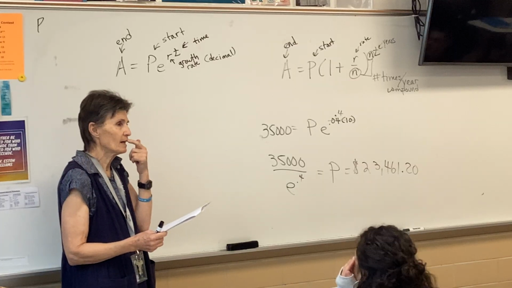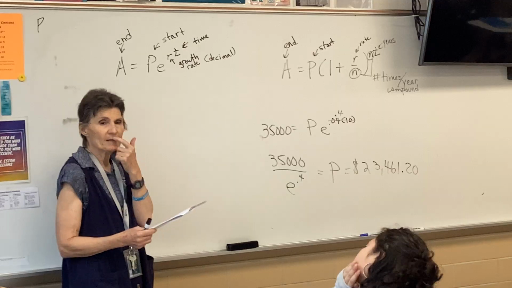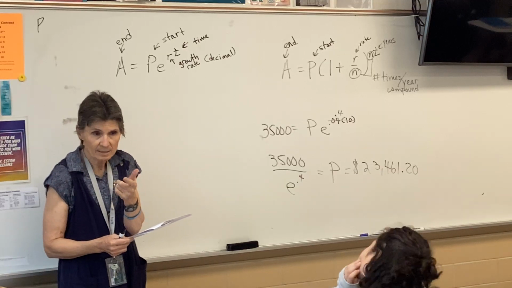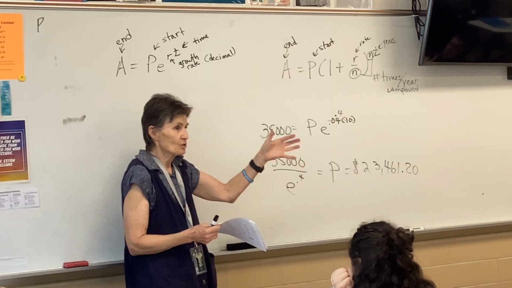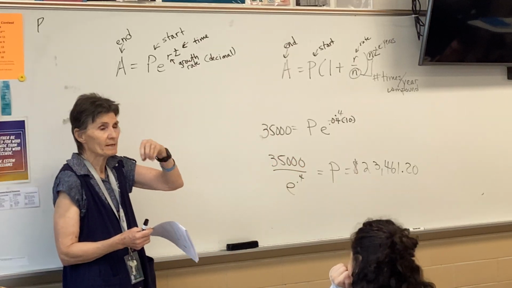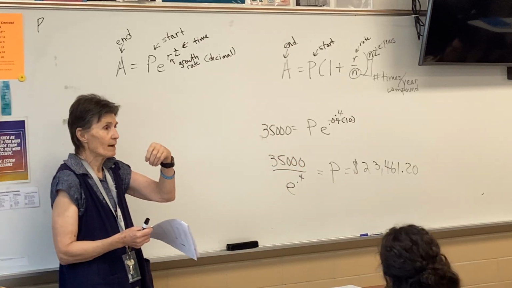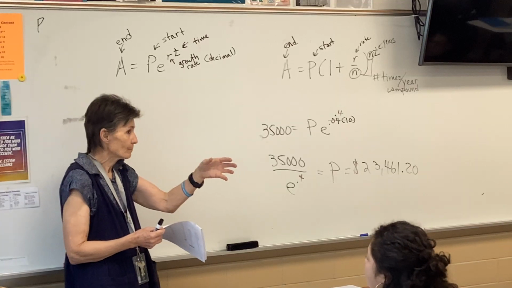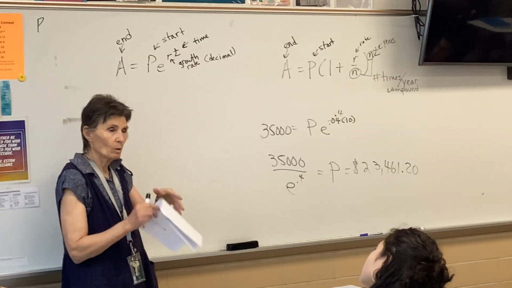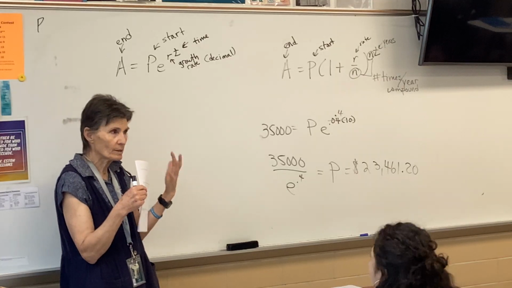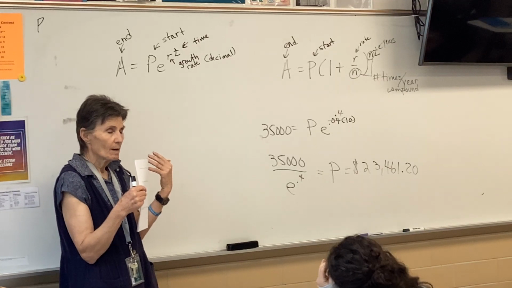Half-life is the amount of time it takes for half of it to be gone. So in other words, half-life would be how long it takes to get from 8 to 4 or from 12 to 6. Well, do I know how much I'm starting with here? No, but we can figure it out.